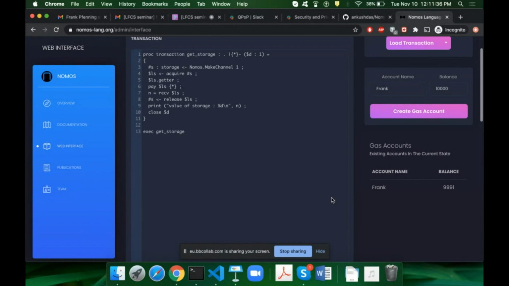Right. So for deadlocks, when you look at a transaction, if it runs successfully in this Nomos language, the configuration, which refers to the set of processes in the system, will have a specific shape.